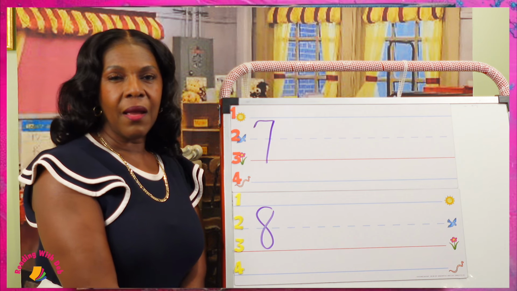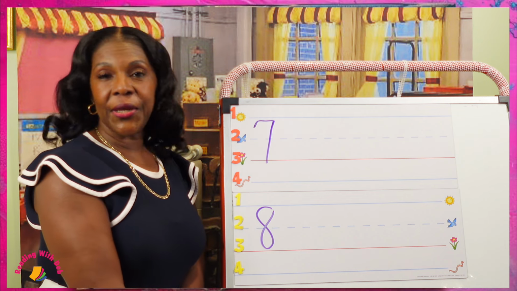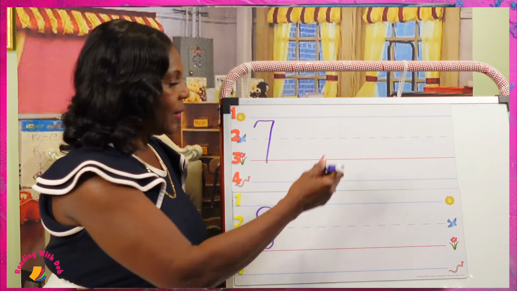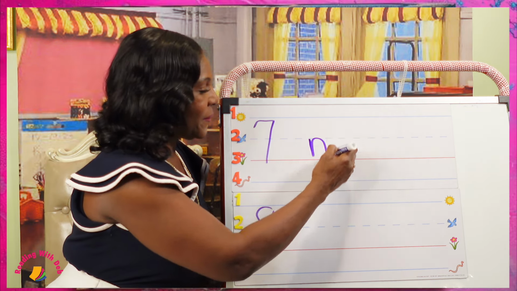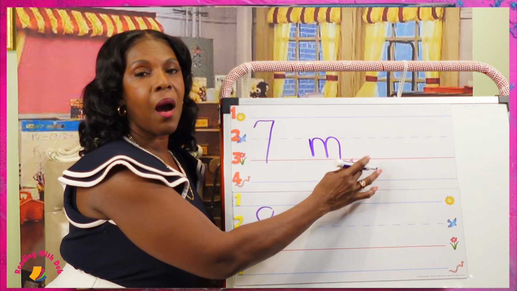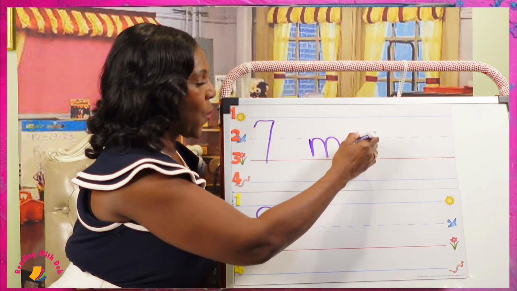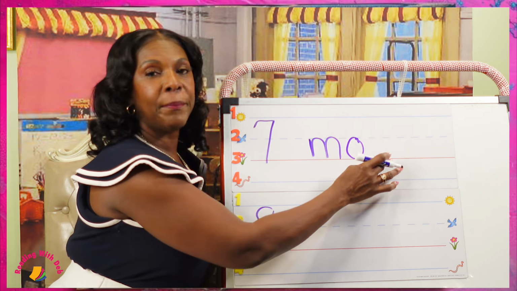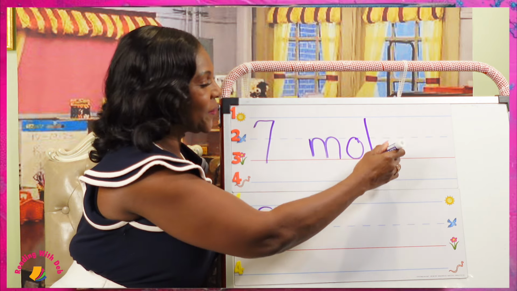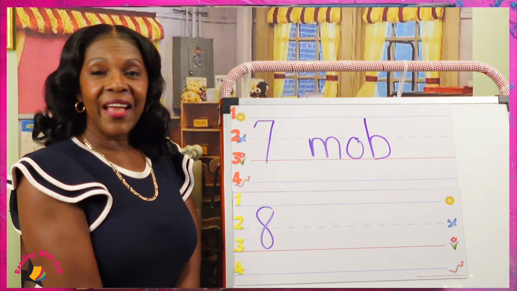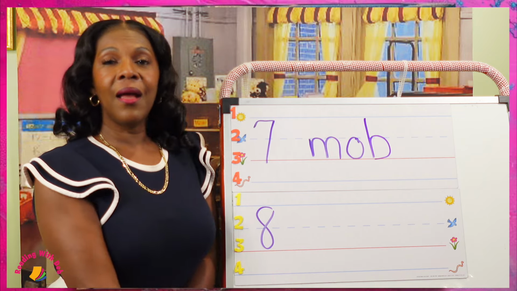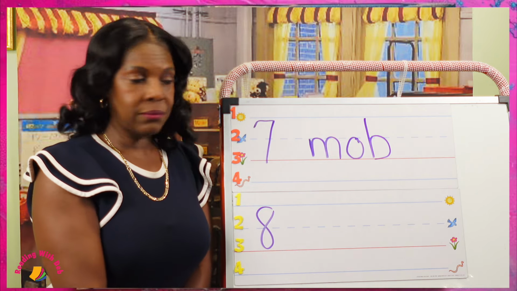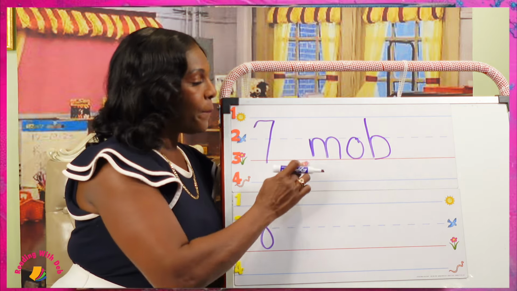Okay? Mob. I hear M. O. Mob. B. How do we spell mob? M-O-B. Mob.